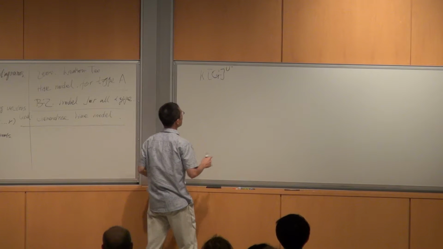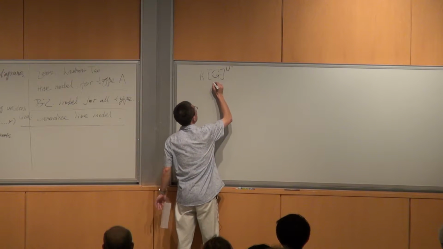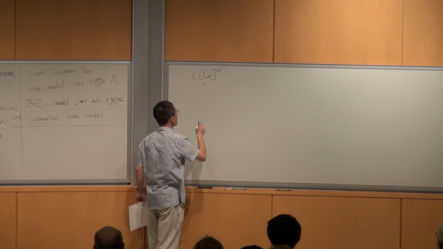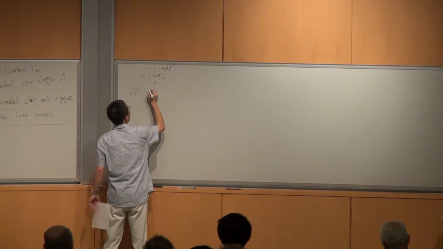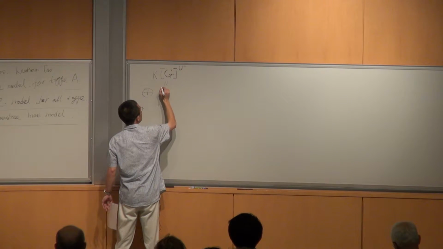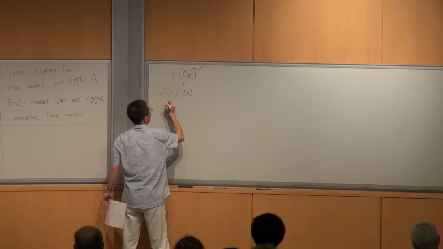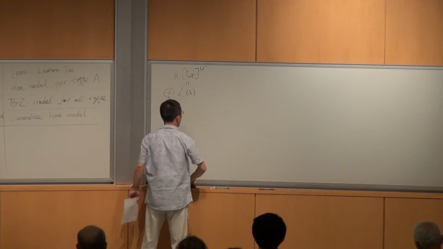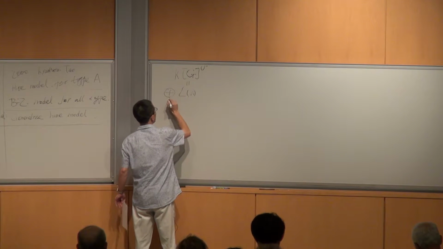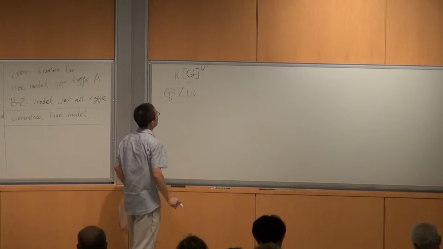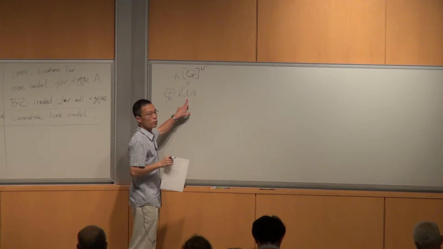So I take the invariants, and we know this is the classical result. This is the model for G, which means it decomposes into a direct sum of irreducible G-modules. Well, I still like to use U. And each irreducible appears exactly once.